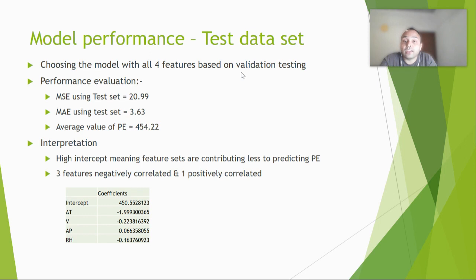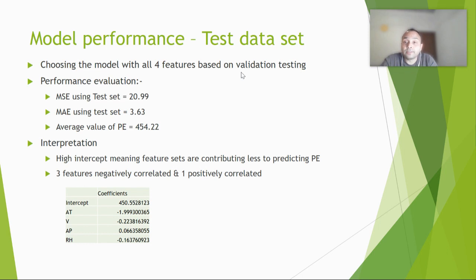And just for the sake of understanding, you could compare the 3.63 with the average value of PE, which is 454.22. What the mean absolute error of 3.63 is showing us is that the predicted value would potentially be in that range, an error of about 3.63 out of the 454 average value.